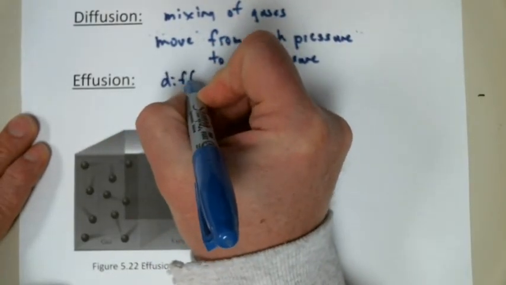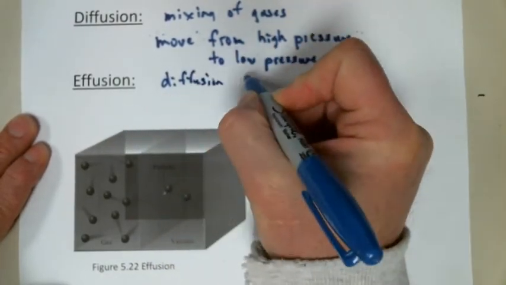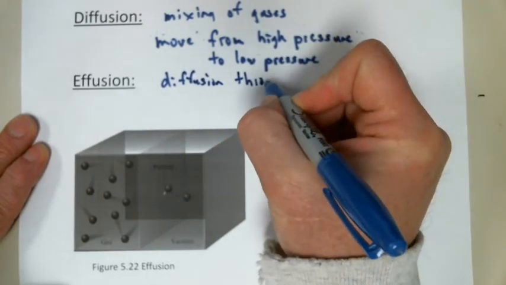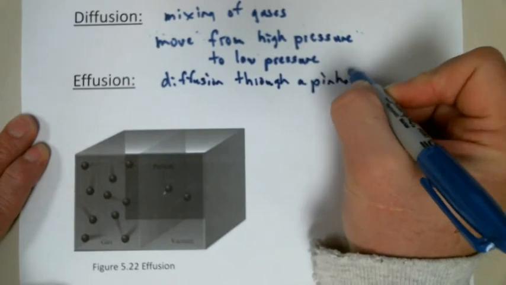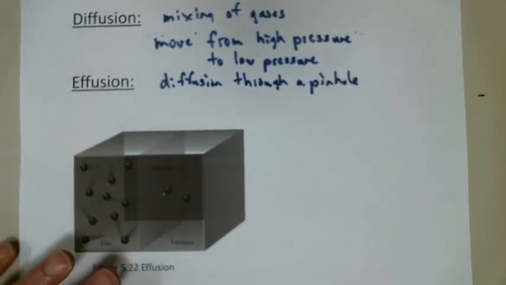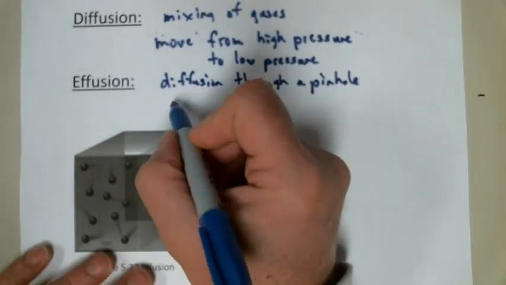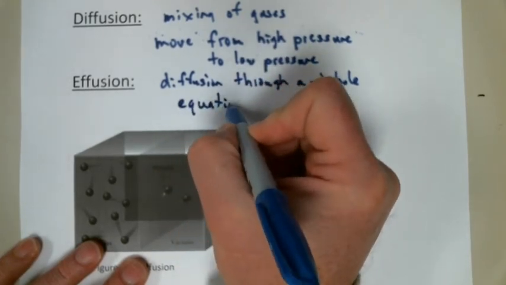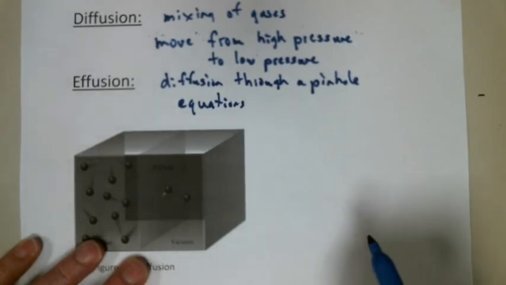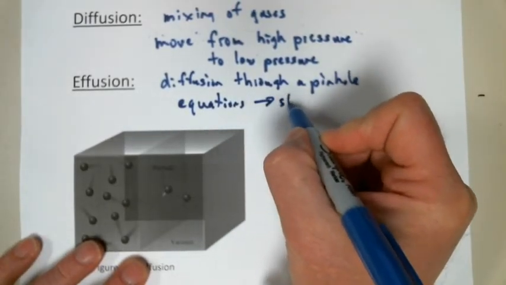So that's diffusion through a pinhole, or a very small opening. I'll write it on here so that nobody misses it, even though I said it. We're going to skip the calculations.